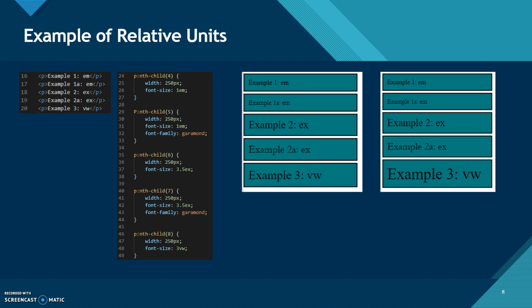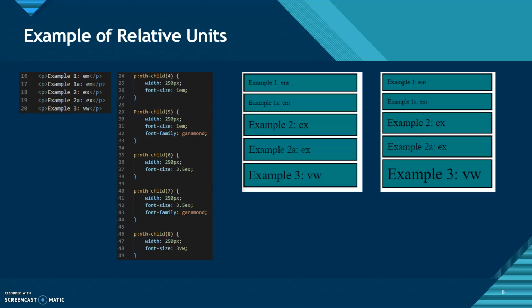Example of relative units, I wanted to give an example of how these things would change. So most of it's on the first one. The third one is almost the exact same, but I changed the width of the viewport to show how the font size would change with that viewport.